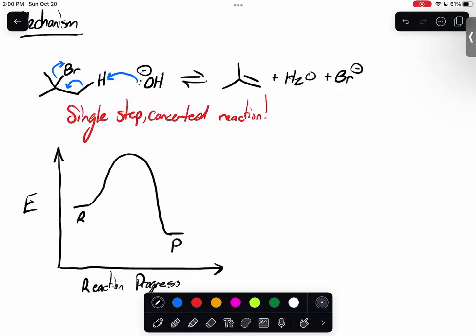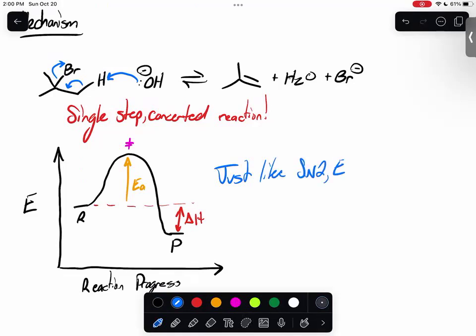Where we now have this delta H, we have our activation energy, everything is relatively normal, we have our transition state. But the thing is, just like SN2, our activation energy and our delta H vary based on multiple factors.